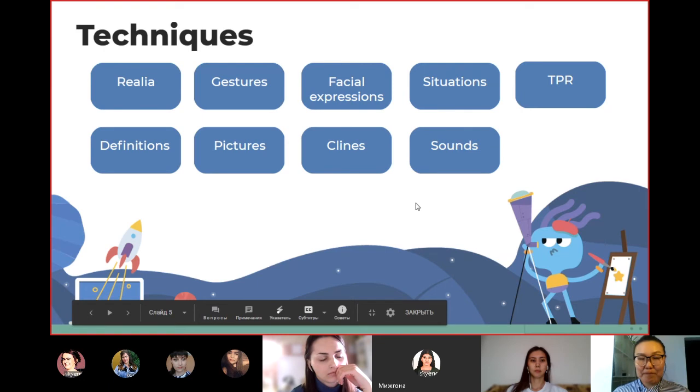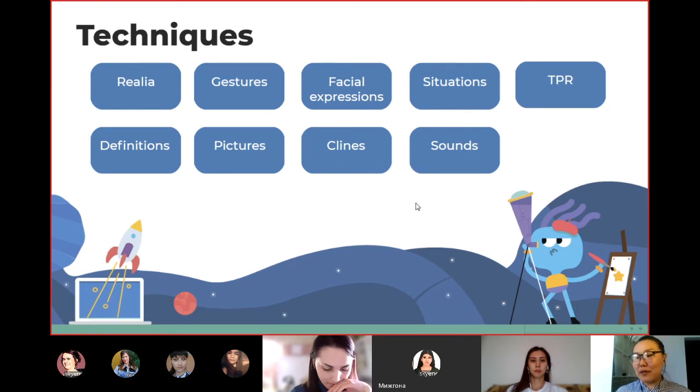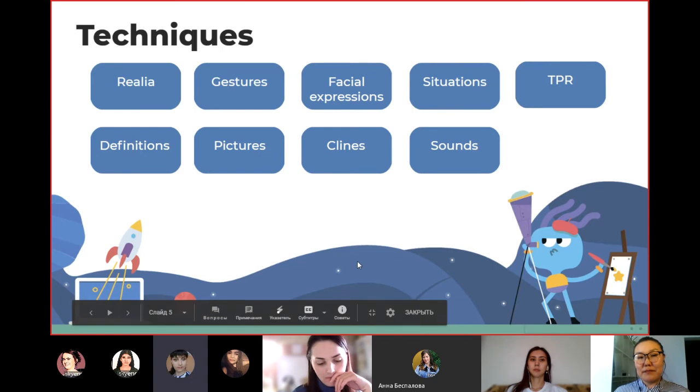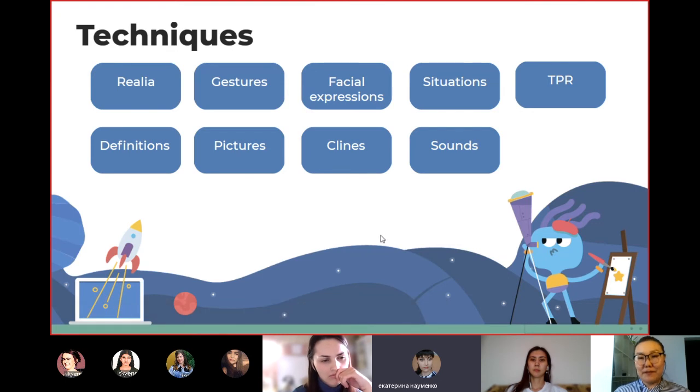Okay, sounds. Your ideas, what kind of vocabulary can we present with sounds? When we learn animals, for example. Okay, great. I suppose animals, musical instruments, transport, everything. Transport, yes.